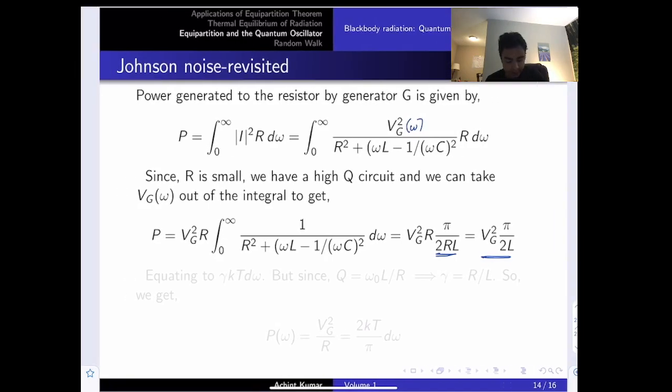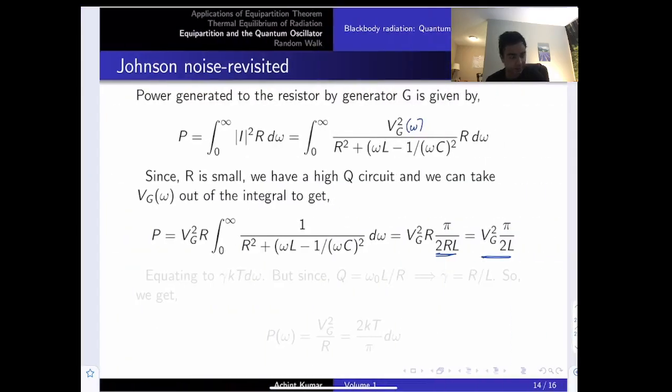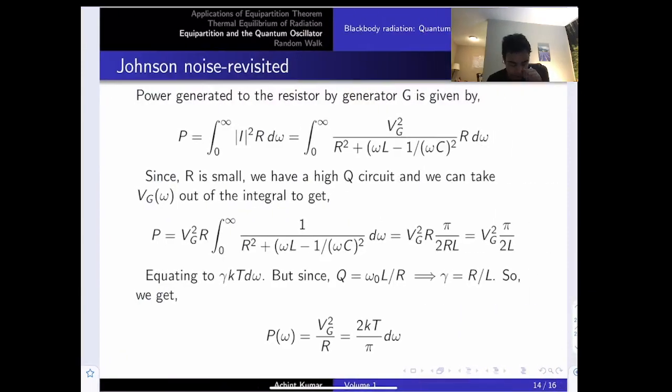Now this is the power radiated around the frequency omega naught, which is the oscillator frequency, which is the resonant frequency of the circuit. So I'm going to equate it to energy.